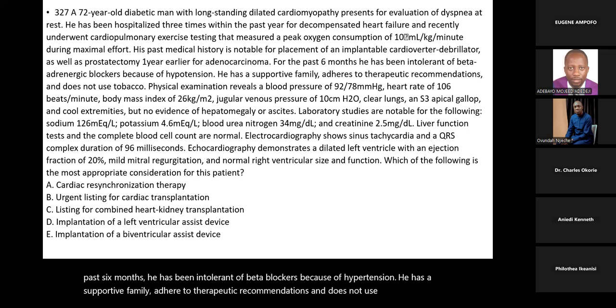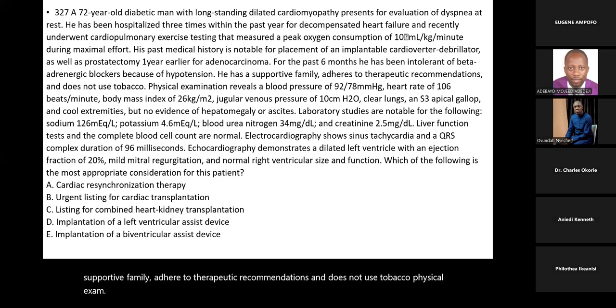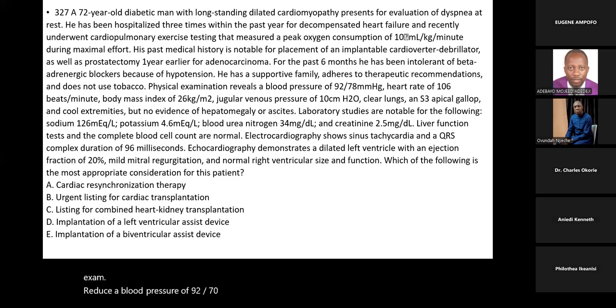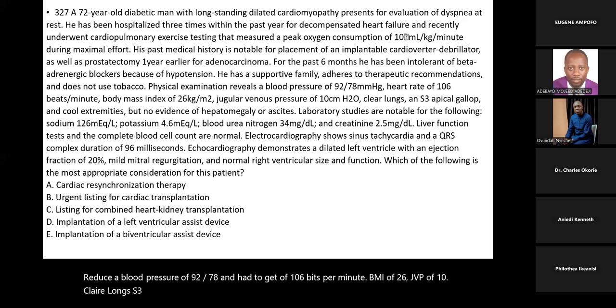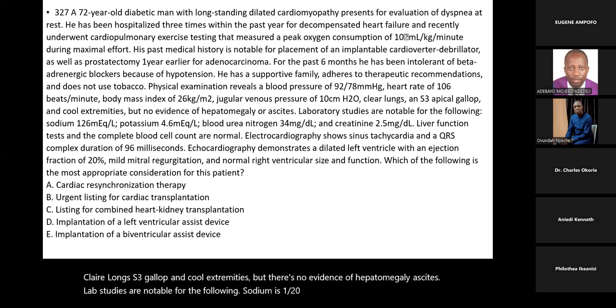Physical examination reveals a blood pressure of 92/78 and heart rate of 106 beats per minute, BMI of 26, JVP of 10, clear lungs, S3 gallop, and cool extremities, but there's no evidence of hepatomegaly or ascites. Lab studies are notable for the following: sodium is 126, potassium is 4.6, urea 34 milligram per dL, creatinine is 2.5.